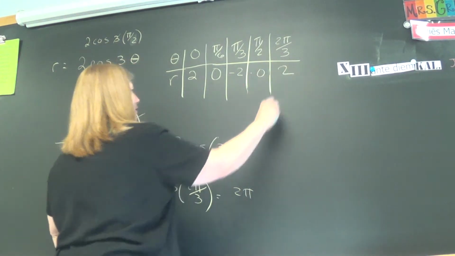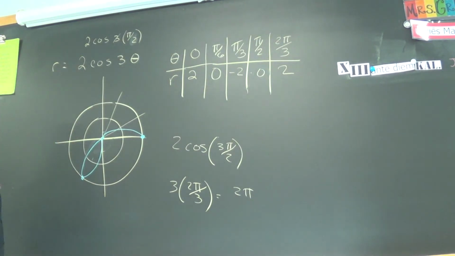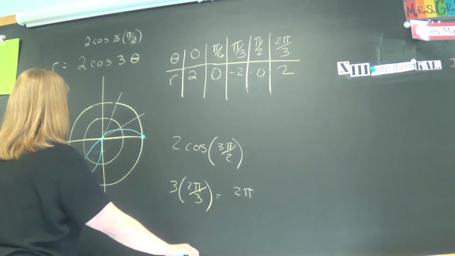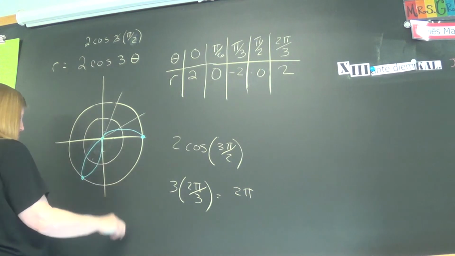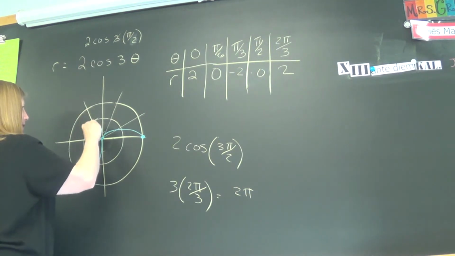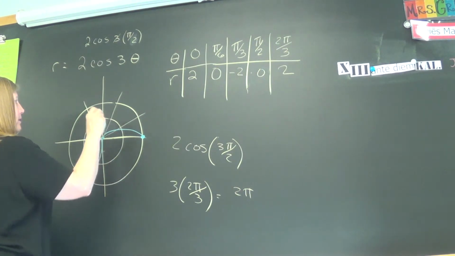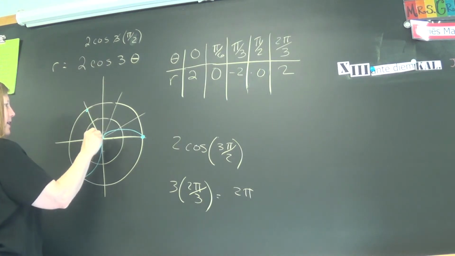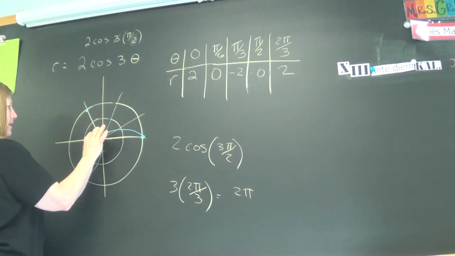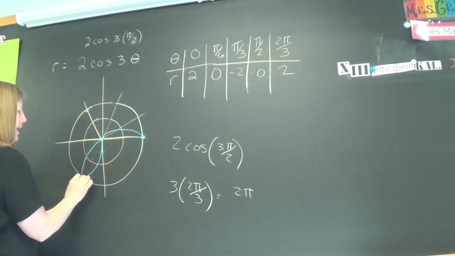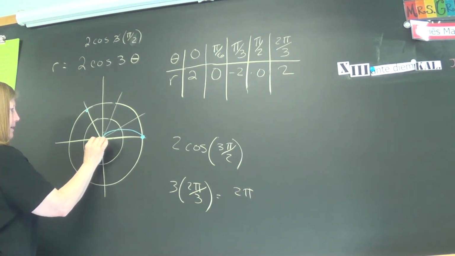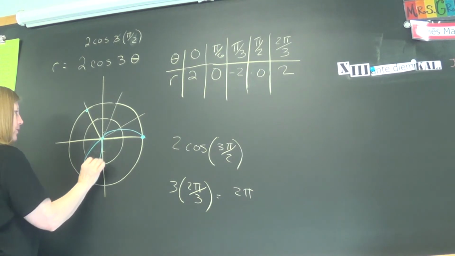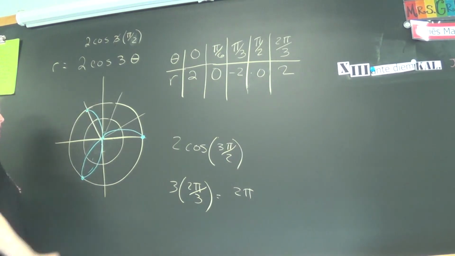Yeah. I'm seeing a pattern here. It's gonna be a flower. So 2 pi over 3 is this line, and we're going to be at 2 on that. How do you think we're going to get from here to here? We have a choice, we can bend this way or this way, but the smooth way, and we just came from here, would be to keep going on that side.